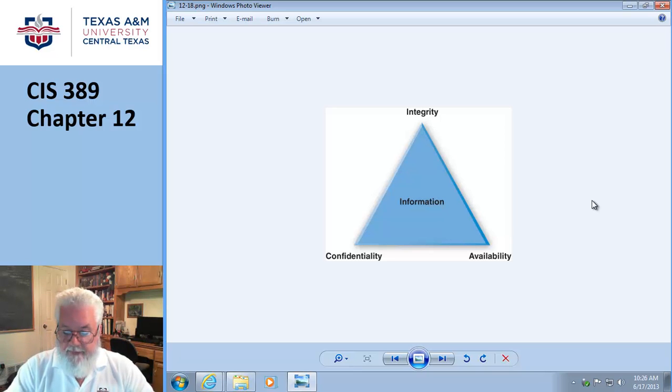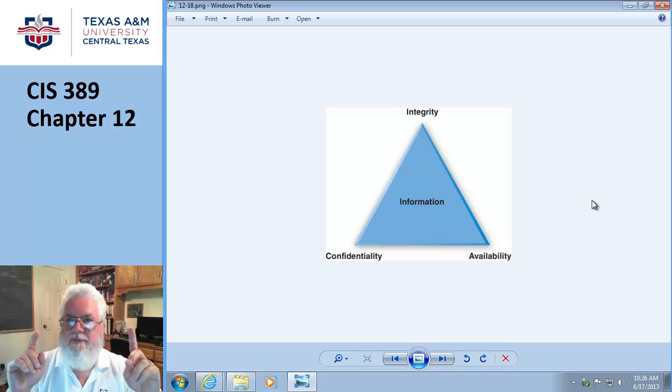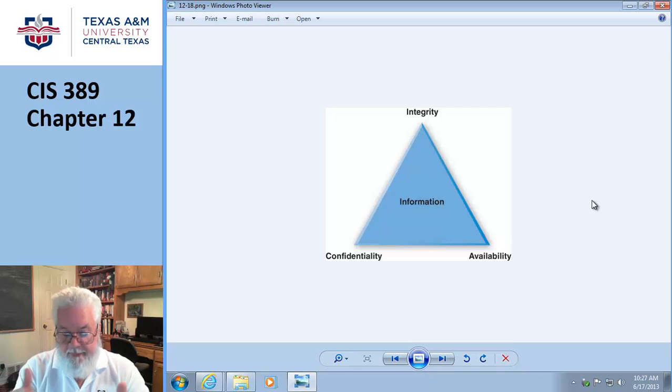Okay, on page 527, they talk about risk management, and absolute elimination of risk, of course, is not feasible. This is not risk elimination. It's risk management.